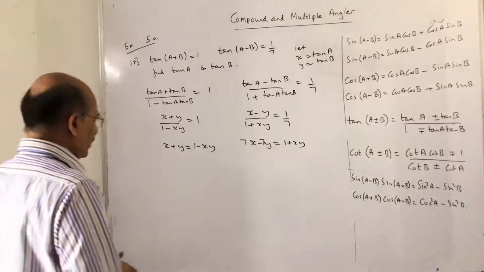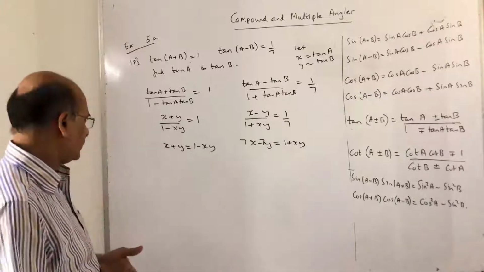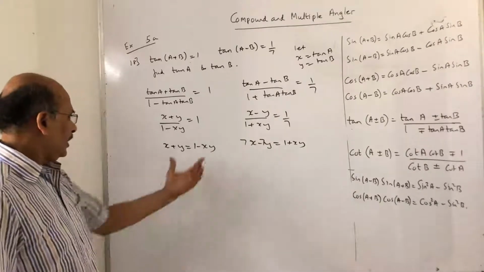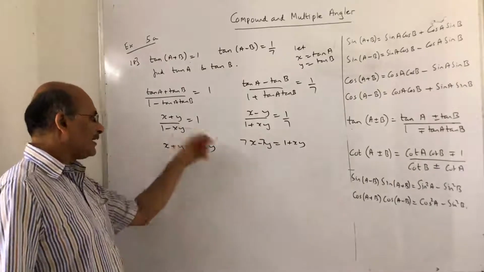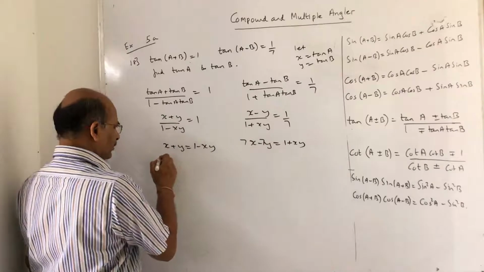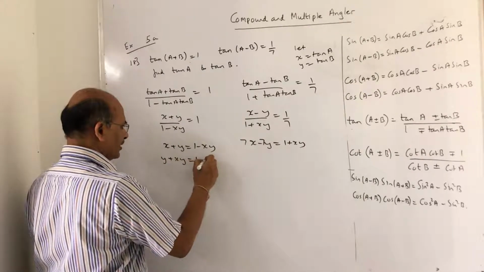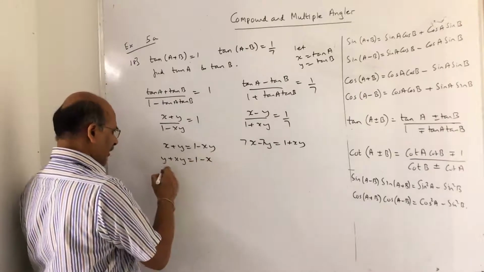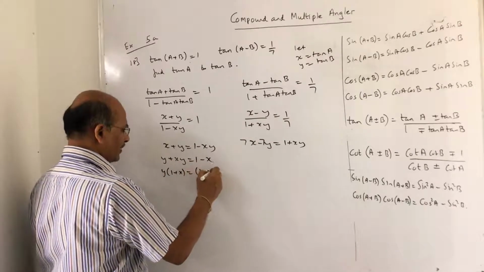So what I do is, I use my brains, which are well trained. Can I just write this as x in terms of y or y in terms of x? If I take this over here, this will be y plus xy is equal to 1 minus x. Take y common: y(1 plus x) is equal to 1 minus x.